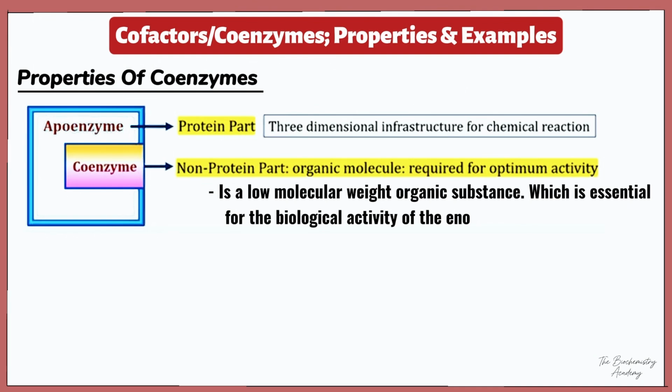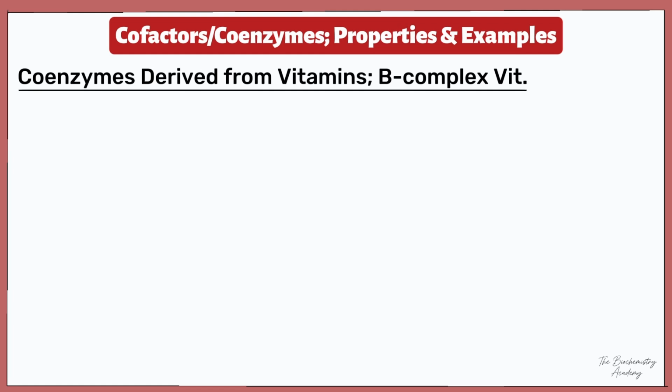Remember, we said that most of the coenzymes are derived from vitamins, and these vitamins are vitamin B complex vitamins. Now, it has no role in determining the substrate specificity of the enzyme. It is the apoenzyme that is responsible for the substrate specificity.